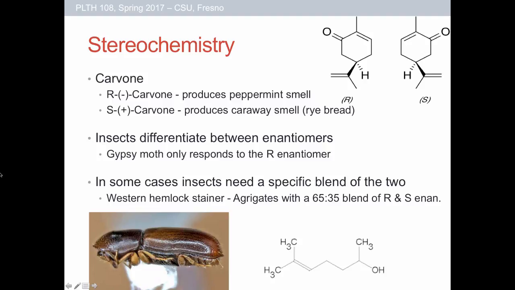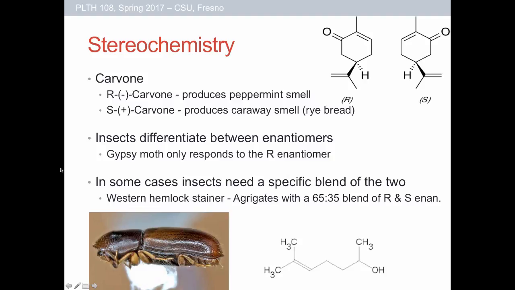Now this matters in insects because insects are very good at differentiating between these different enantiomers or stereochemistries as well. So, for example, they figured out the gypsy moth pheromone, but when they put it out in trials, it had virtually no attractiveness because they were using the S enantiomer instead of the R one, which is the one that is attractive.